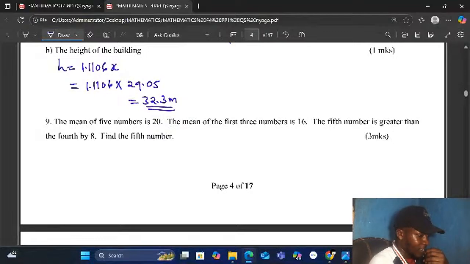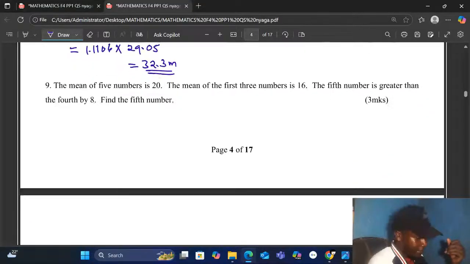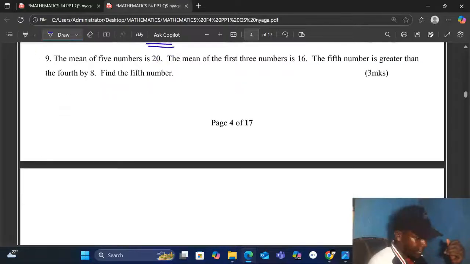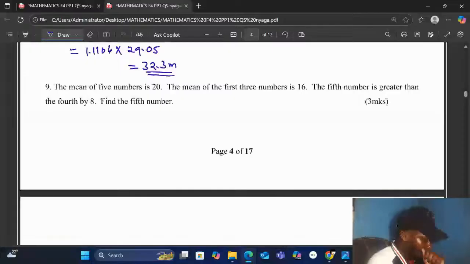Then, the mean of five numbers is 20. The mean of the first three numbers is 16, and the fifth number is greater than the fourth number by 8. Find the numbers. Now, the mean of five numbers is 20.